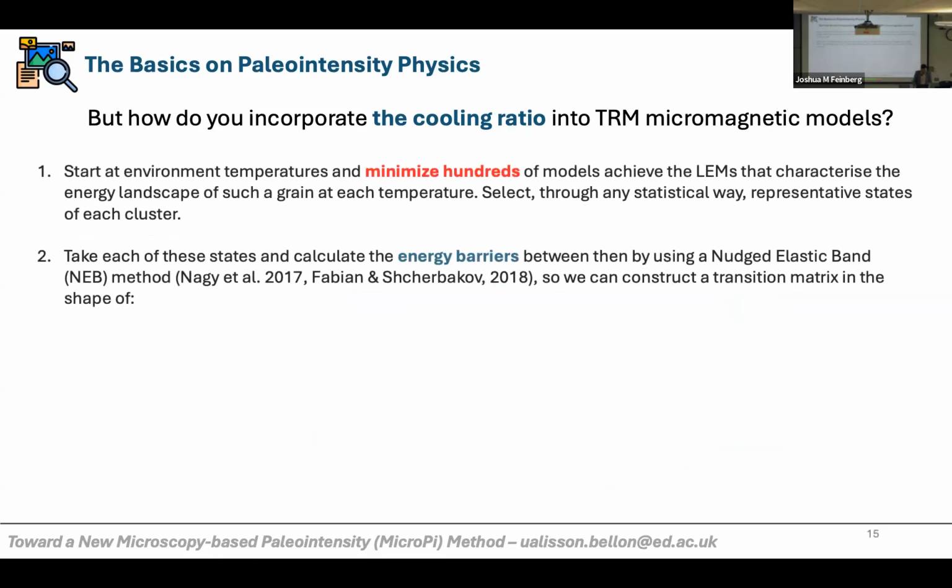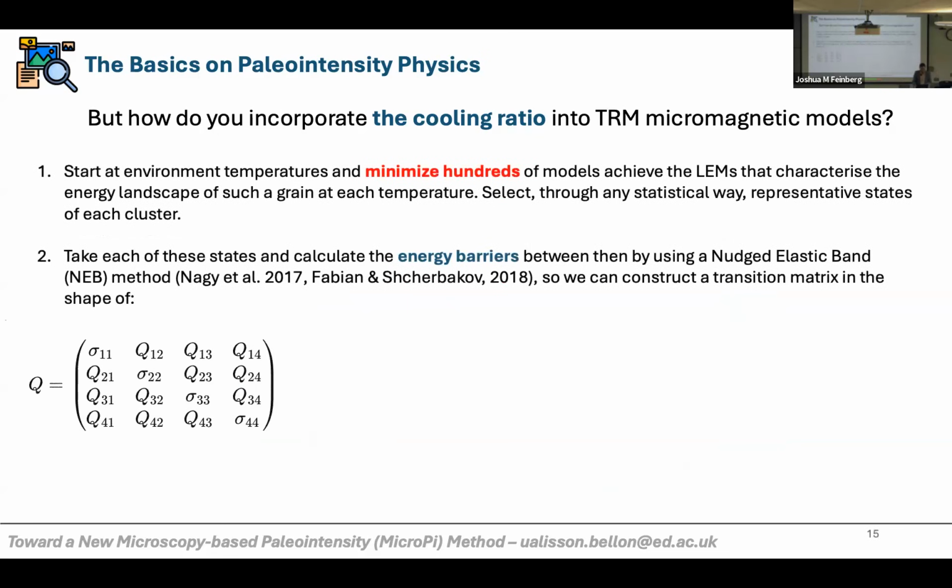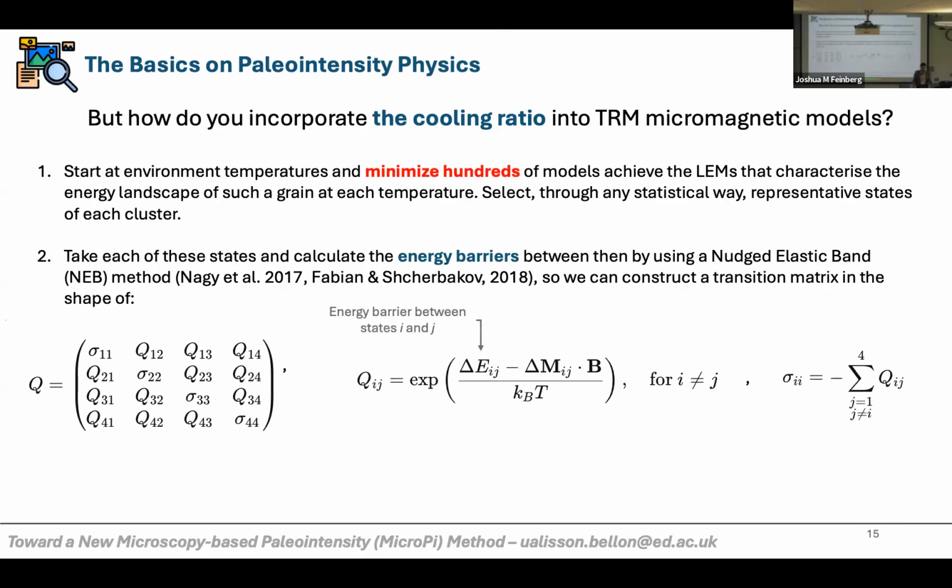So after doing that, we have to calculate energy barriers between each one of the models. So I have model A, model B, what's the energy barrier to go from model A to model B? And then we can build these matrices which basically describe the energy barrier between each one of the models, and also the Zeeman field, which is the energy barrier given by the external field right here.